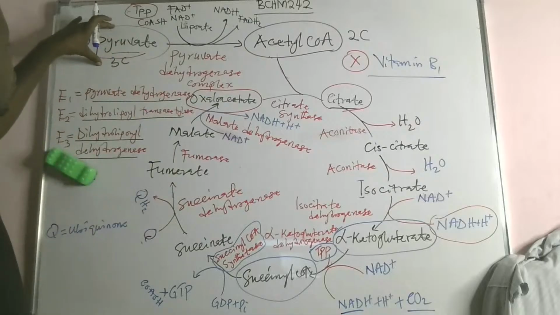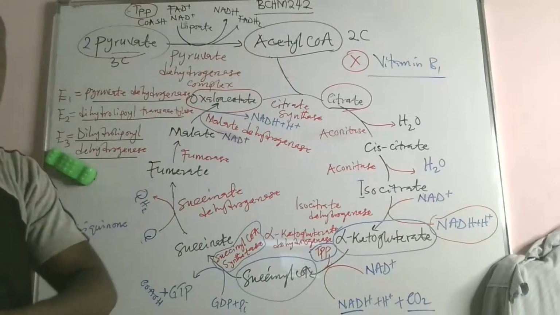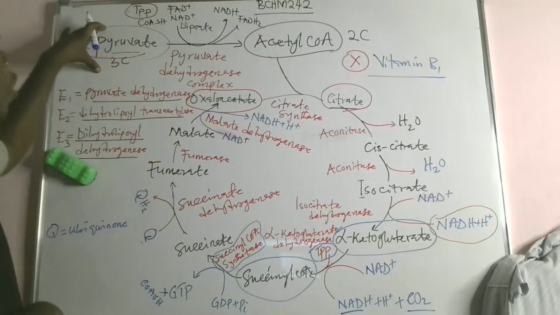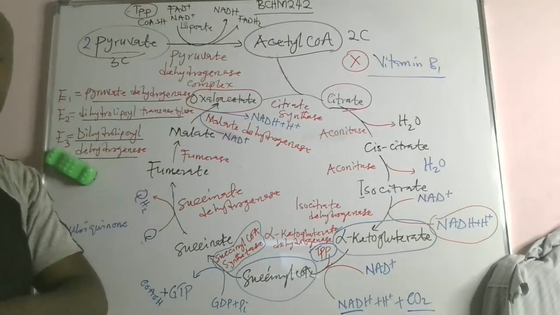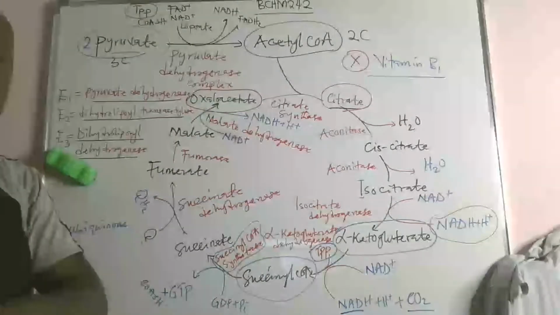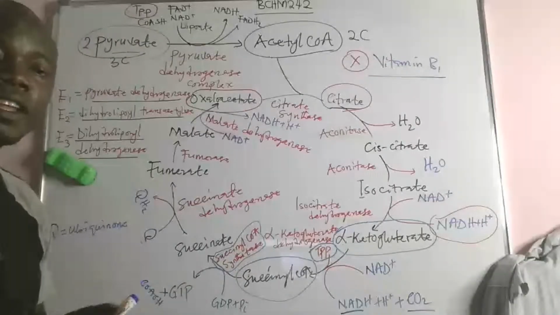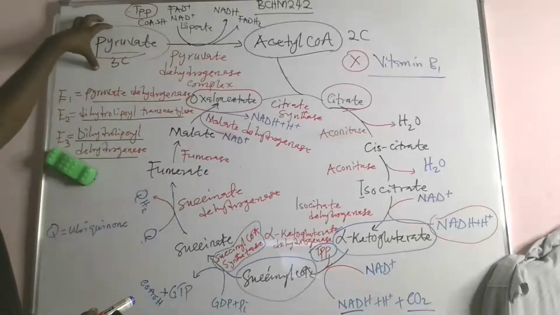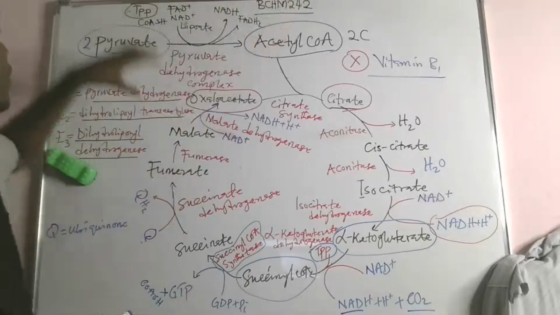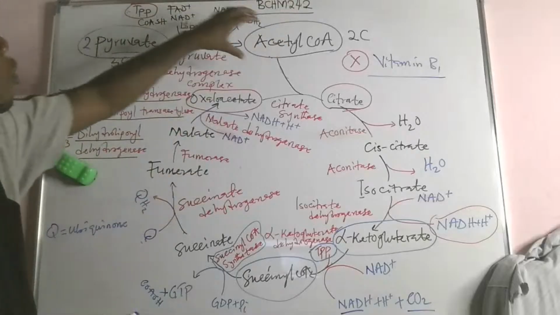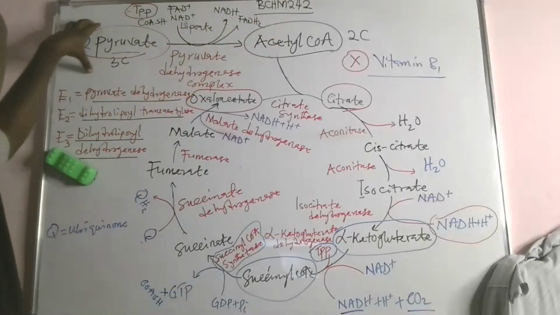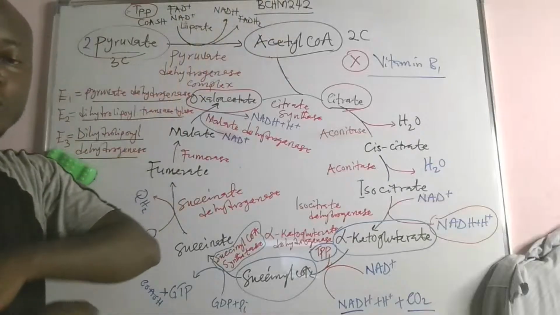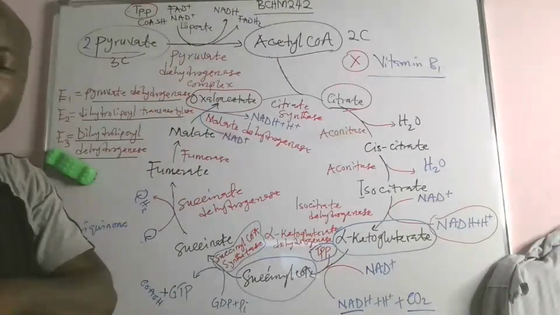So if you generate 2 molecules of pyruvate at the end of glycolysis, how many acetyl-CoA are you going to generate during the conversion of pyruvate to acetyl-CoA? Pyruvate is a 3-carbon compound, and acetyl-CoA, as I told you, is a 2-carbon compound.